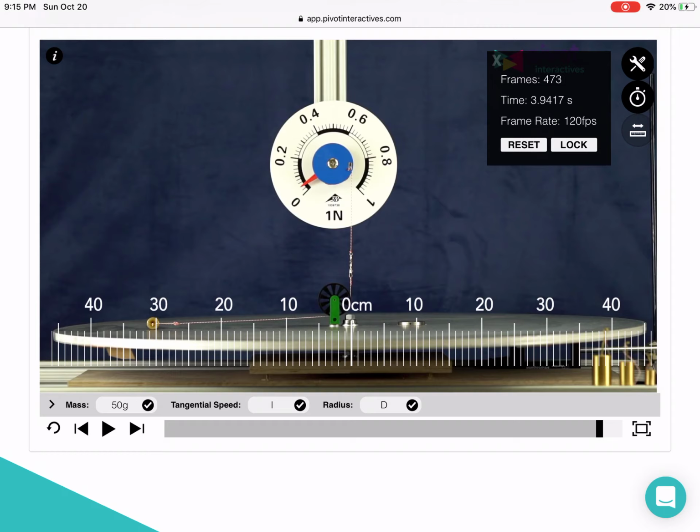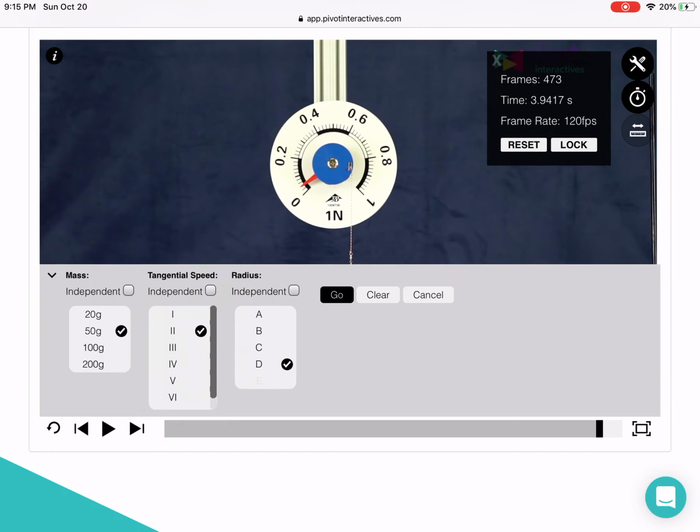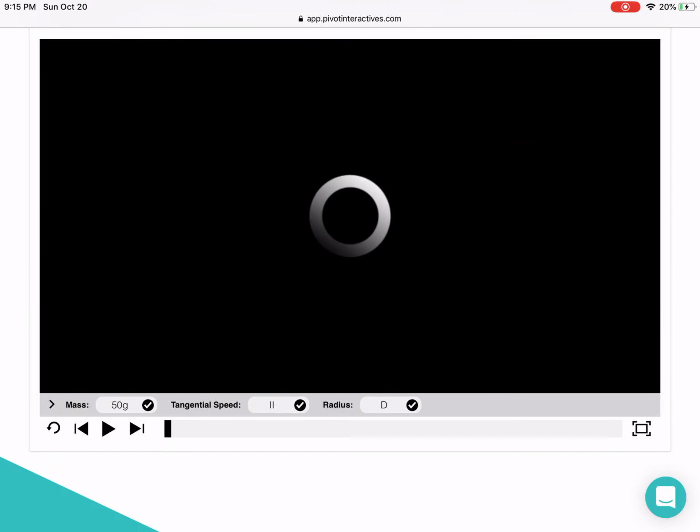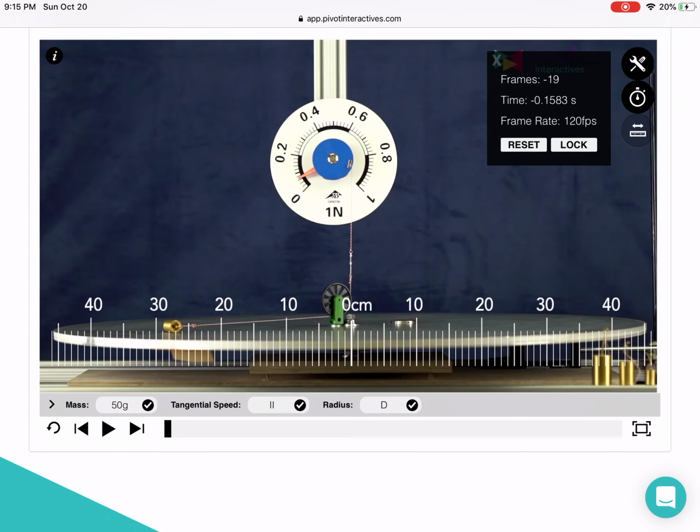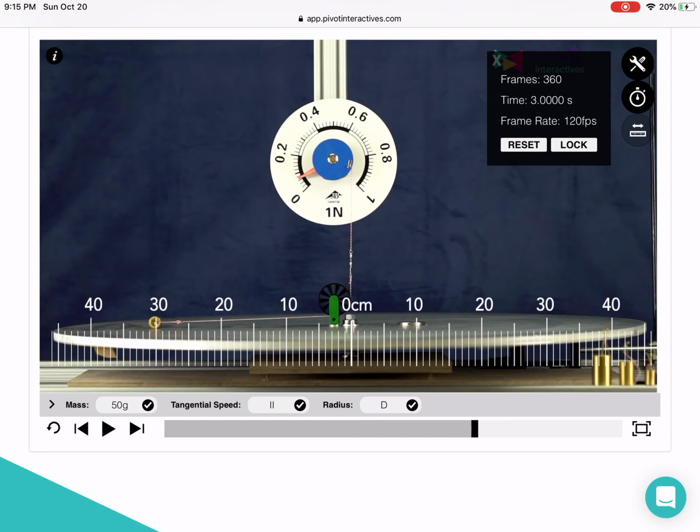You're going to record your data, and again, you'll have to change your speed and then hit go, keeping that radius at D, keeping the mass at 50. You'll advance it to where it's starting, reset the clock, go again until it's back where it started, read the time, and then you've got it.